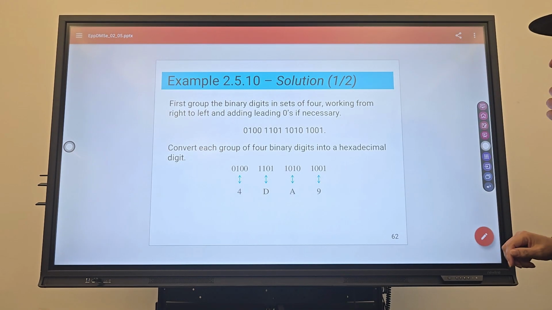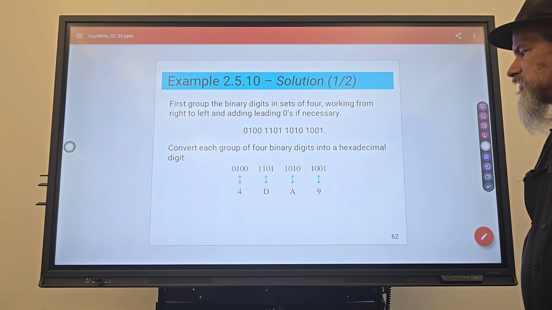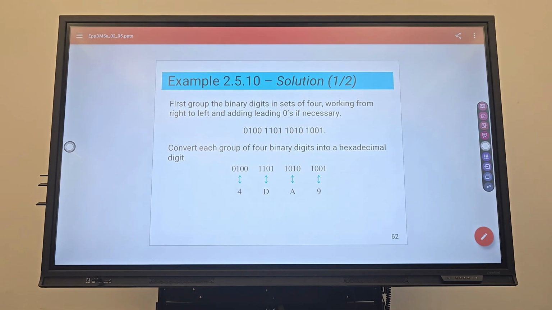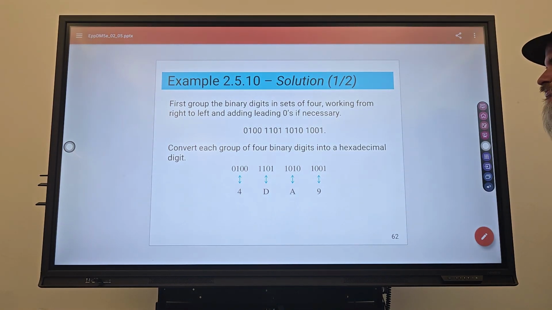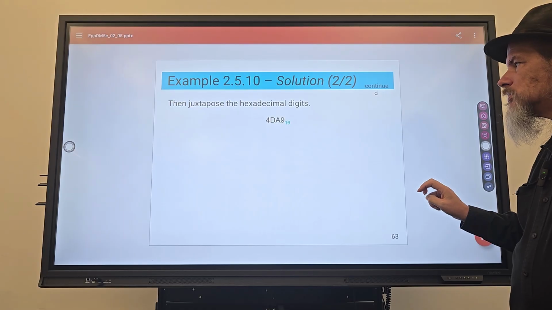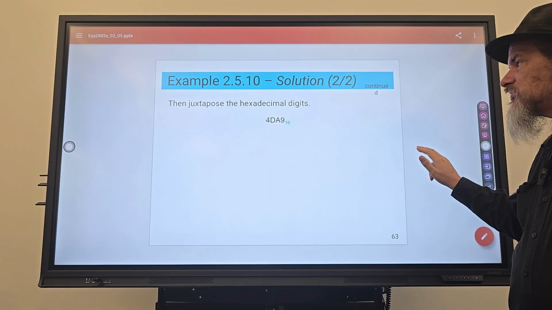I'm sorry, D. Yeah, D. 4DA9. So you add the leading zeros to make it an even group of 4, and convert each group of 4 bits to a hexadecimal digit. Then juxtapose the hexadecimal digits.